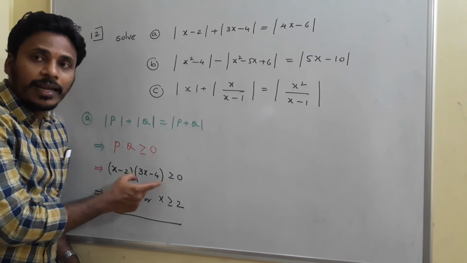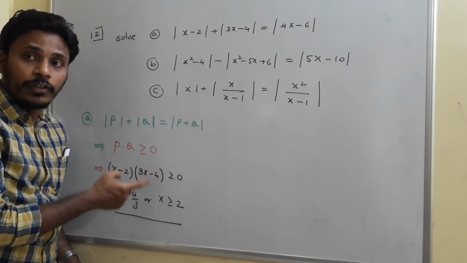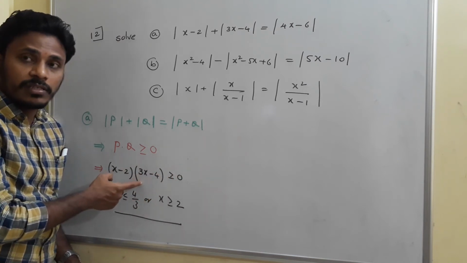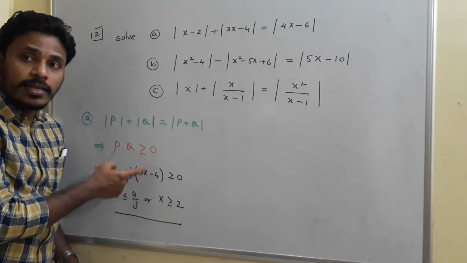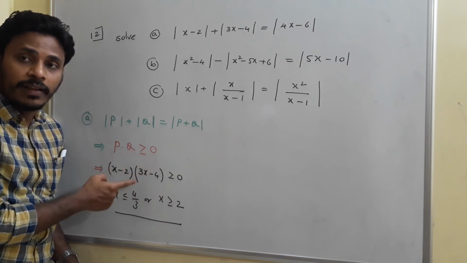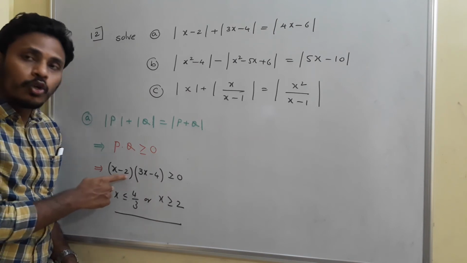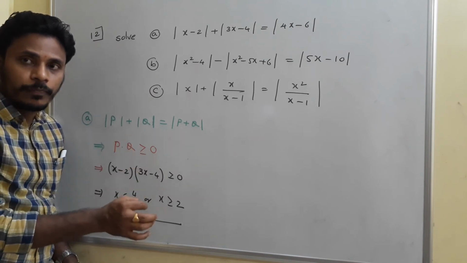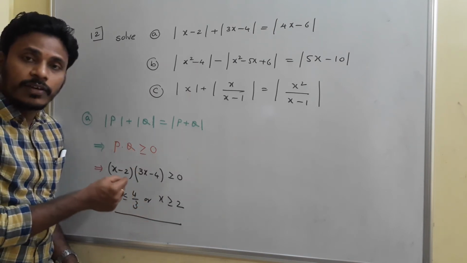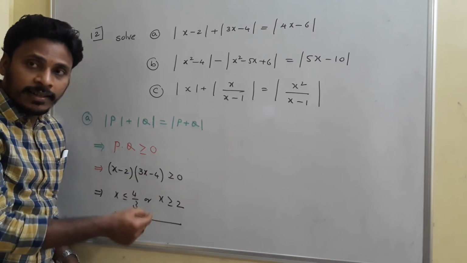So this is a quadratic inequality, and we know that the x values are less than or equal to the smaller root and greater than or equal to the larger root. The two roots here are 4/3 and 2. So x is less than or equal to 4/3 or greater than or equal to 2.